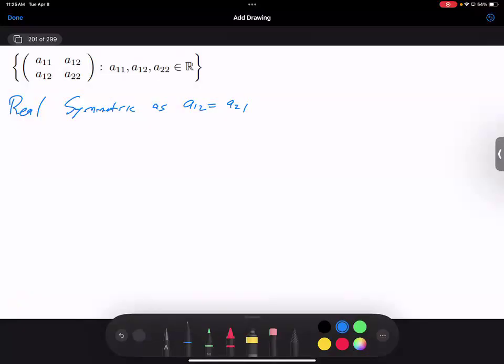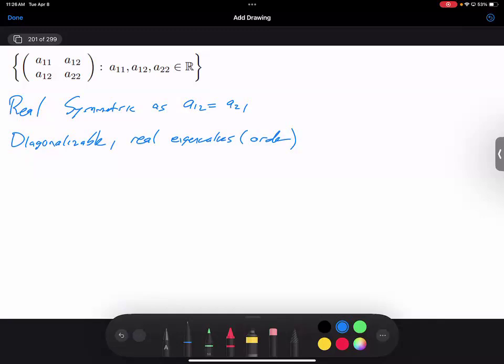Diagonalizable. What else? Real eigenvalues. So we can order them. You can talk about the smallest, second smallest, third smallest, and so on. You can't do that in the general case.